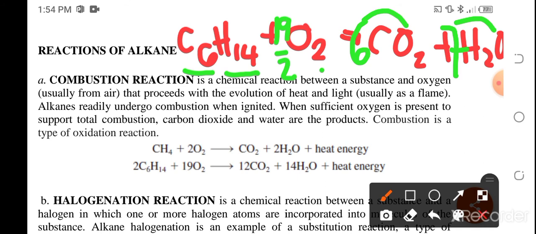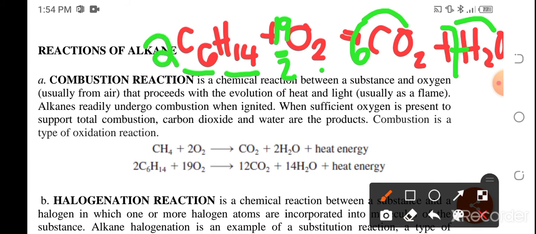Pero hindi tayo naglalagay ng coefficient na fraction. Just like that 19 and a half. So, ano gagawin natin? We have to multiply the whole equation by 2 so the fraction will be cancelled. So, i-multiply natin ng 2 lahat. So, if we're going to multiply this, the hexane will have 2.